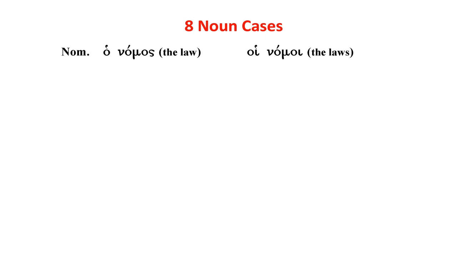And with this spelling of nomos or nomoi, and especially with that article in front of it, in each case, singular or plural, you'll be able to tell that the word nomos or nomoi is functioning as the subject in the sentence. That's its function.